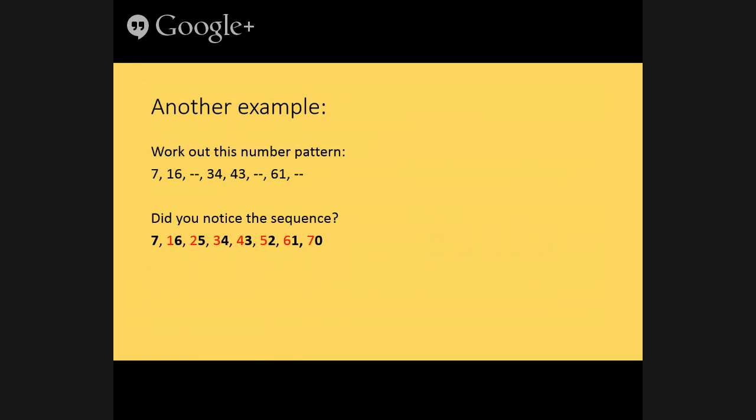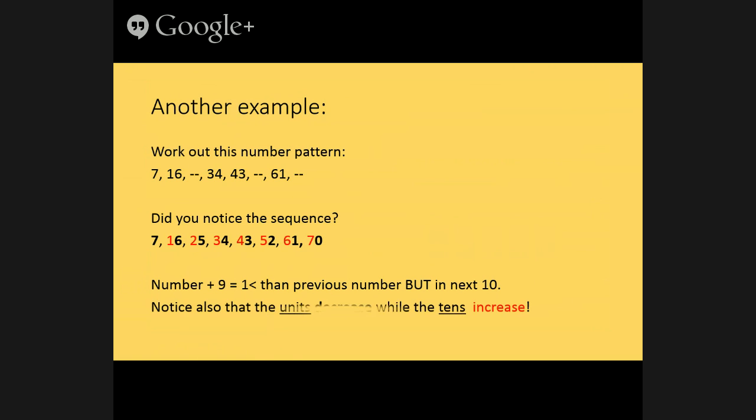It jumps with the tens every time. So basically that would be your rule at play, that your units are decreasing and your tens are increasing.